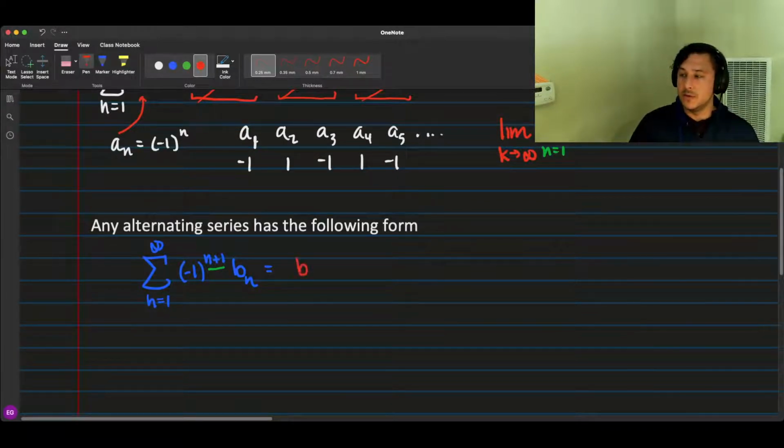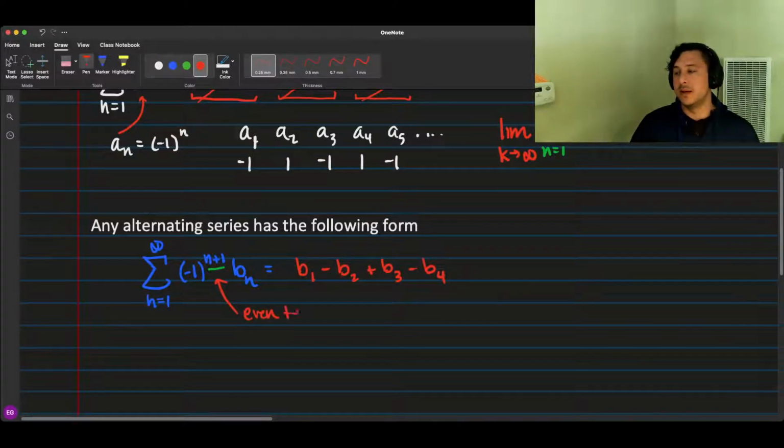So you're going to get b_1 minus b_2 plus b_3 minus b_4. So all of the evens will be negative if you have n+1. So n+1 makes the even terms negative.